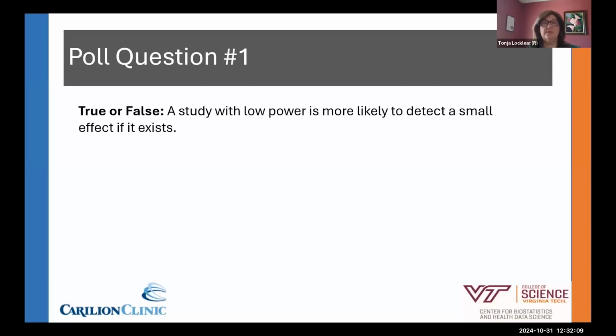And now I think we're ready for the first question. Can everyone see the poll? I can. Yeah, we've got yes. 53% filled it out.